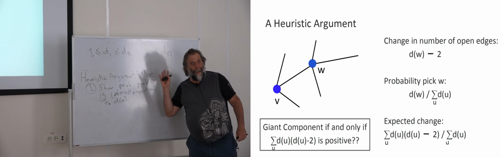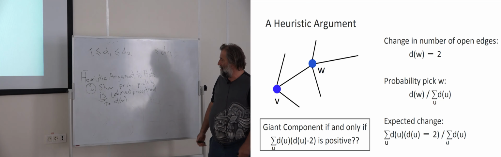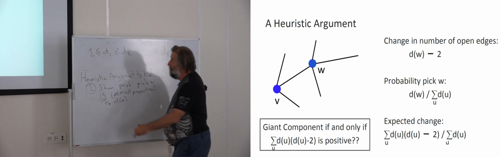Well, we need to actually show that the probability we pick w is almost proportional to d_w.